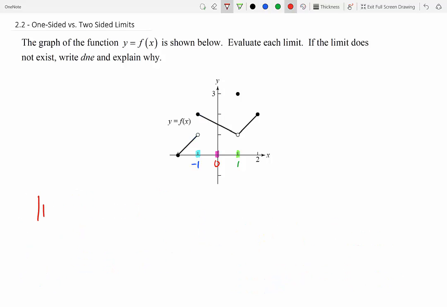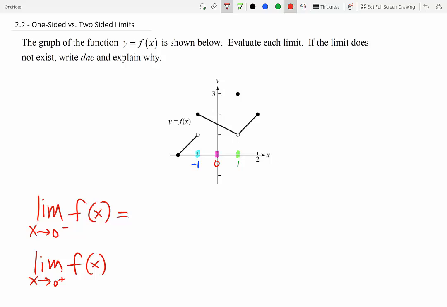When asked to find the limit as x approaches 0 from the left of our function, or the limit as x approaches 0 from the right of our function, once again, approach the x value of 0 from the left, and approach the x value of 0 from the right.